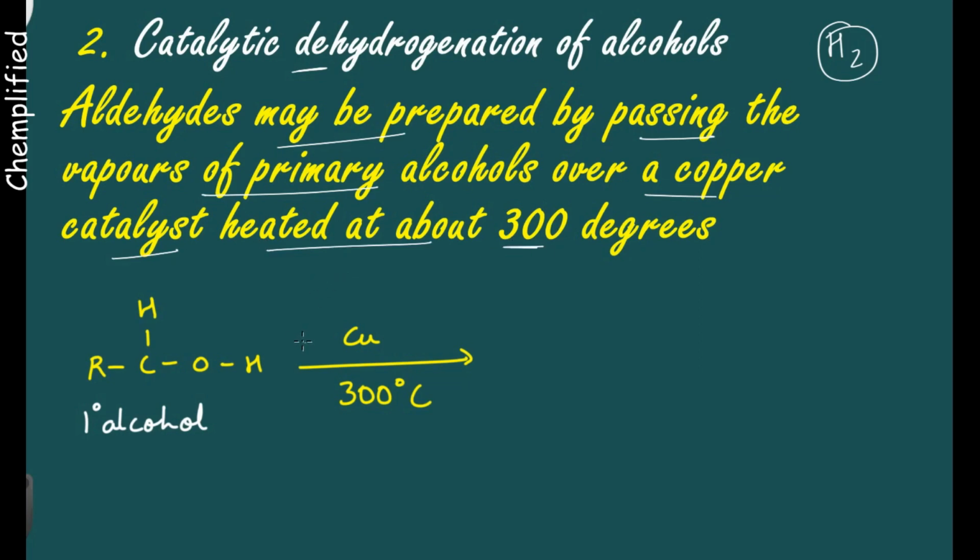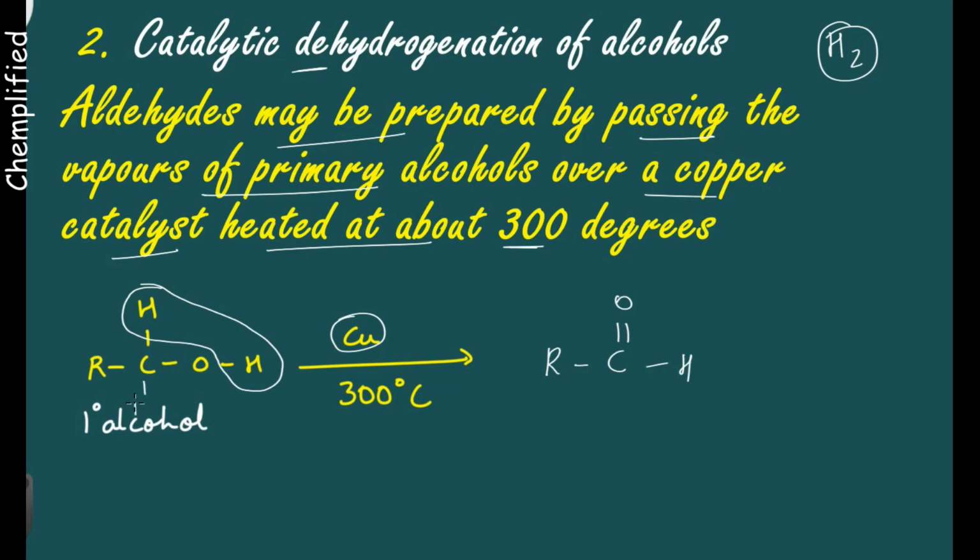Now when you pass vapors of primary alcohols over copper surface which is heated at about 300 degrees Celsius, what happens is the H2 molecule from 1 degree alcohol is taken out and you will get an aldehyde.